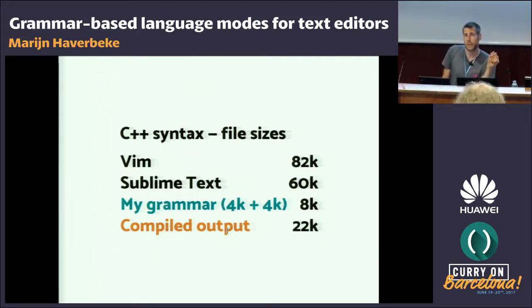My C grammar is 4K, and my extension on that is another 4K. So this is definitely more succinct. Whether it's also more pleasant to write, I'm not entirely sure yet, but you do have to write a lot less. And if I compile it with my tool, I get a 22K graph, which is unreadable, but also very compact. So that's looking relatively good.